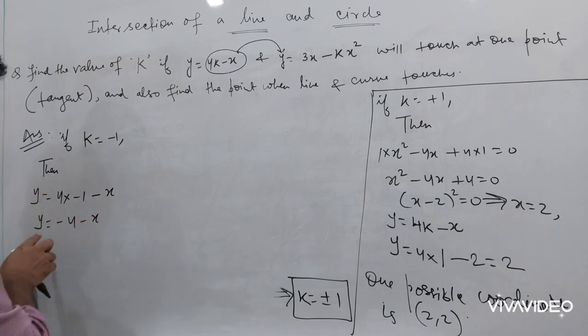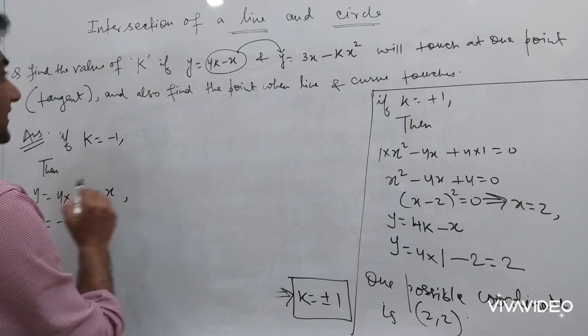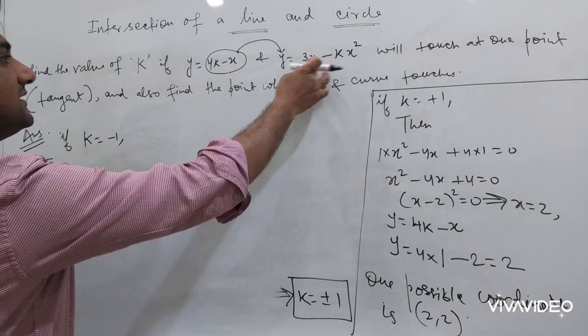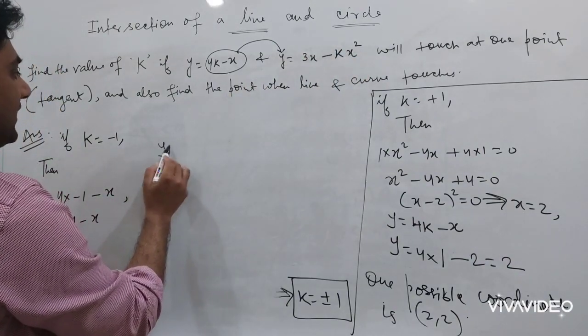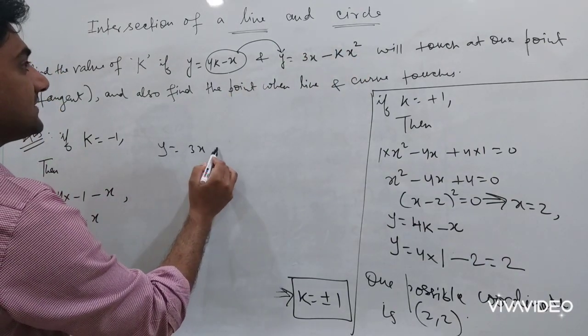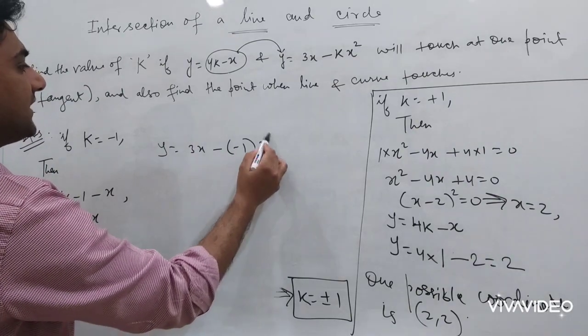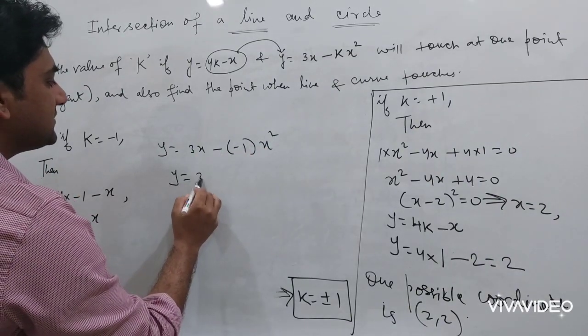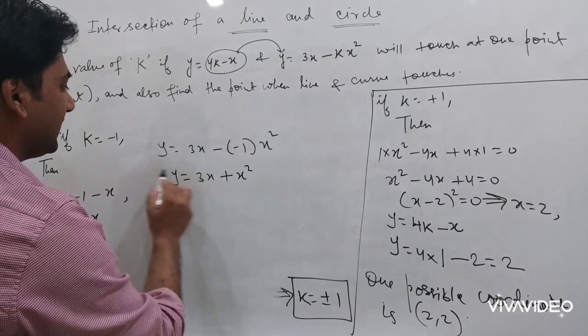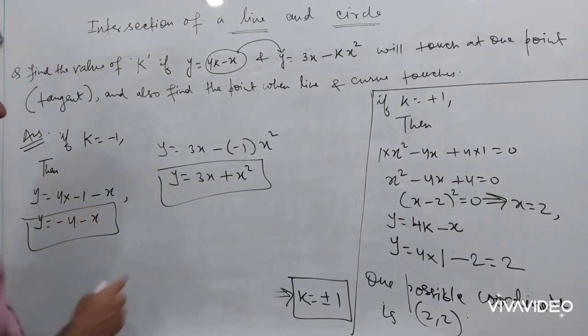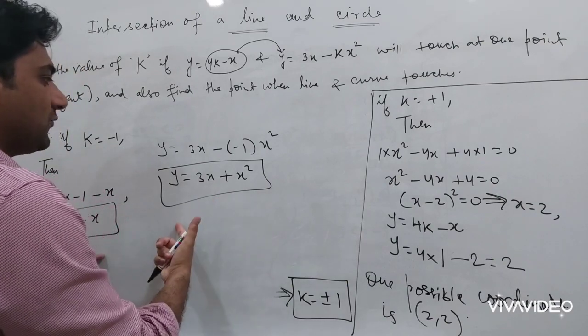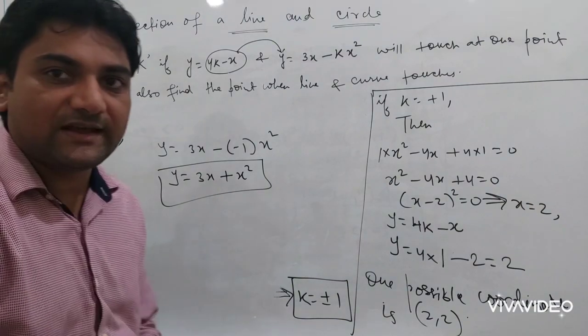And another equation is y equals 3x minus kx square, with k minus 1, so y equals 3x plus x square. These two equations we got. Now if we solve these two equations, then also we can get the answer.